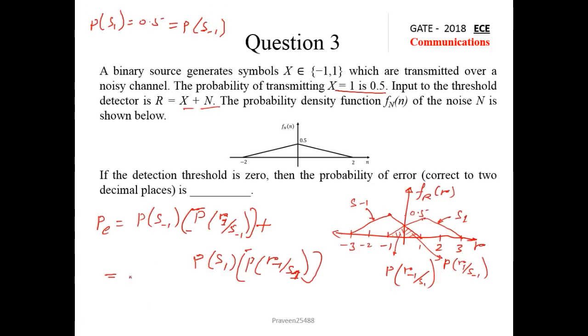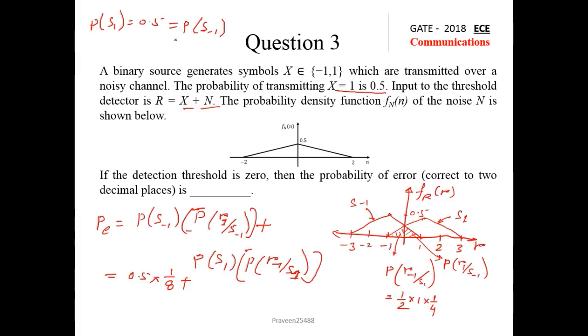So here this is 0.5 multiplied by the probability of r given s-1, which is given by the area of this triangle. This is a right angle triangle. Its area is given as 1/2 into 1 into half of 0.5, which is 1/4. So this is 1/8.